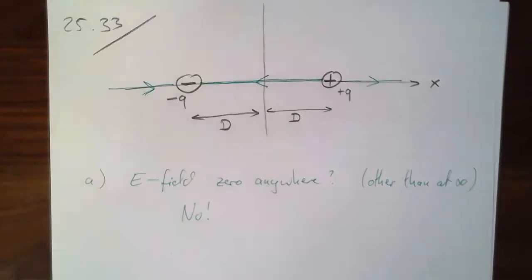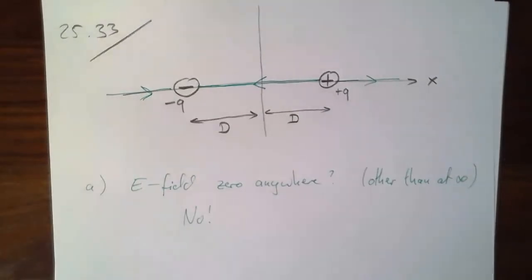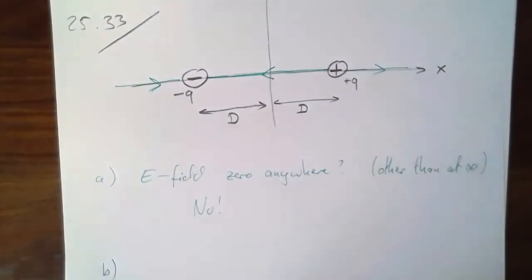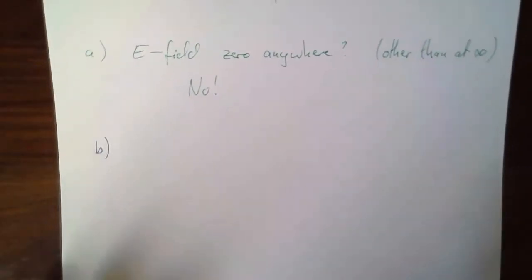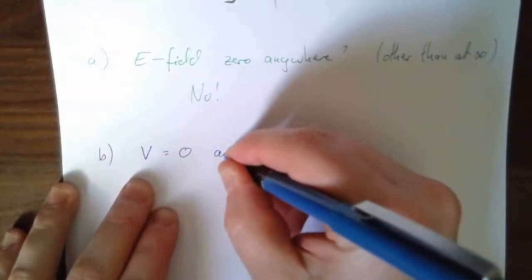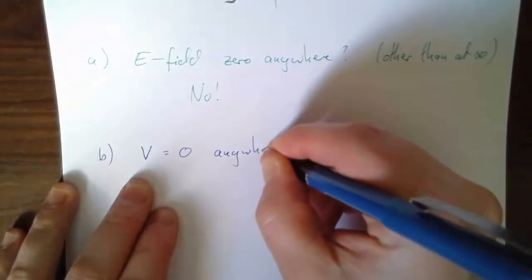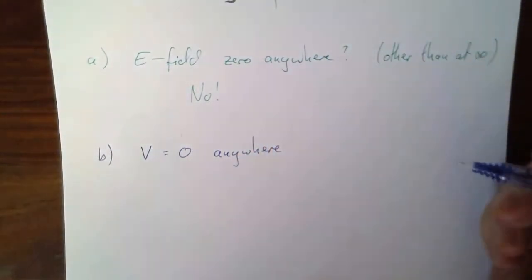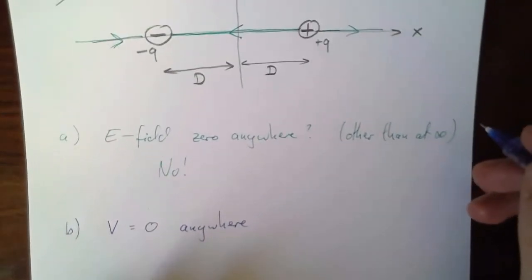Now, what about the potential? That is part B. Is the potential equal to 0 anywhere? Again, it is going to be 0 at infinity.